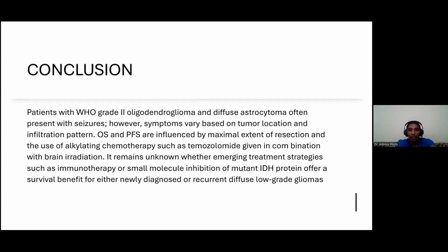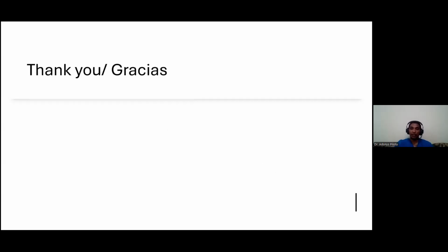It remains unknown whether emerging treatment strategies such as immunotherapy or small molecule inhibition of mutant IDH protein offer a survival benefit for either newly diagnosed or recurrent diffuse low-grade glioma.